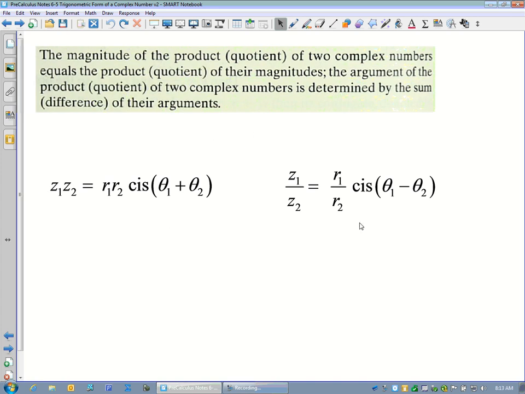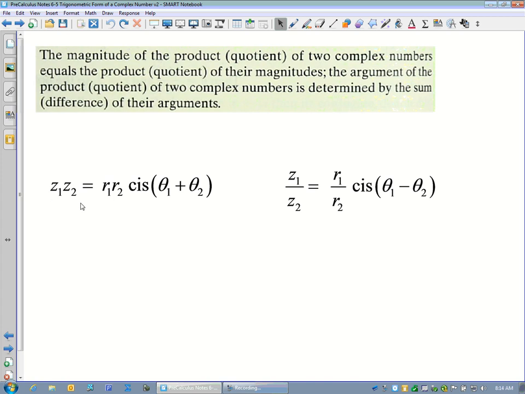And these are the corresponding equations, but a much easier way to think of it, I believe, rather than trying to memorize the equation, is to think about it in terms of the words. If you're going to multiply two complex numbers, you simply multiply the magnitudes and add the angles.